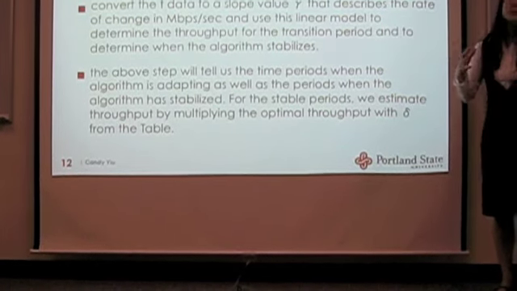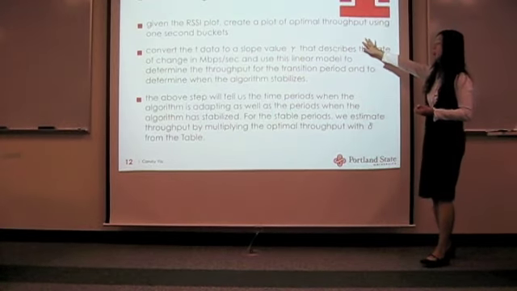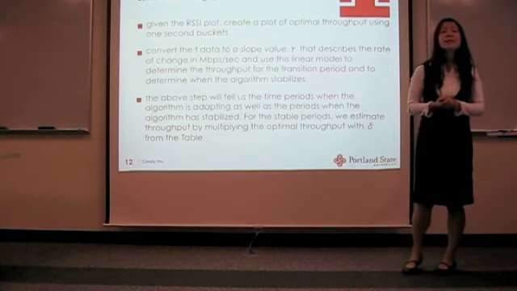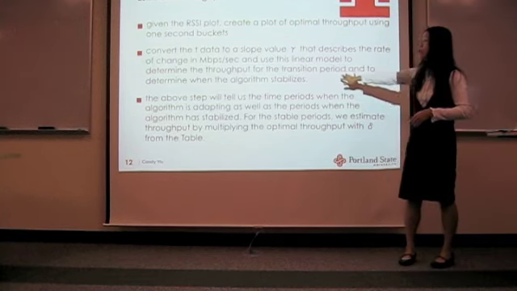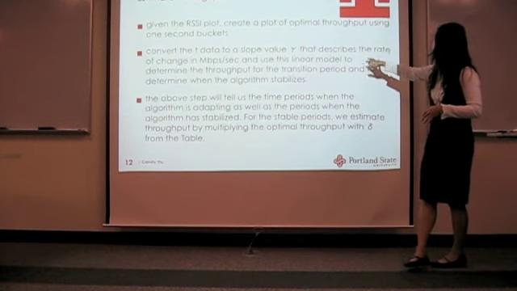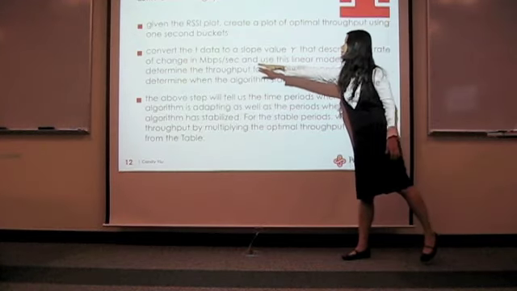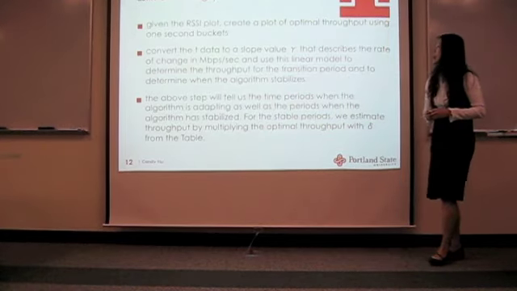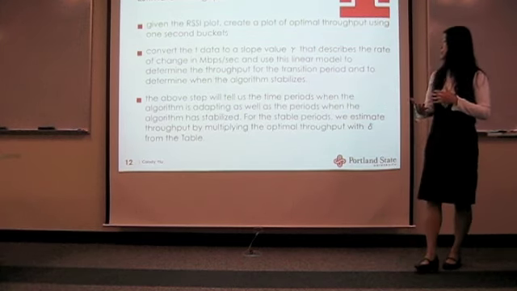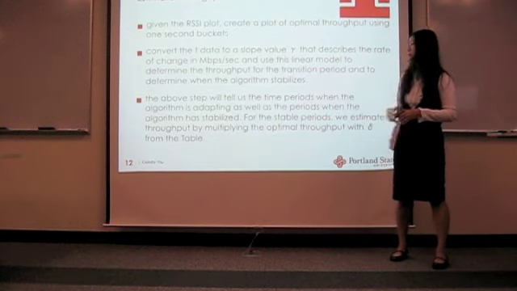So now we are going to use these values to estimate the throughput. Given an RSSI trace, we create a trace of optimal throughput using 1-second buckets. Then we convert the T data into slope values, gamma, that describe the rate of change in megabits per second, and use a linear model to determine the throughput for the transition period and to determine when the algorithm becomes stable.